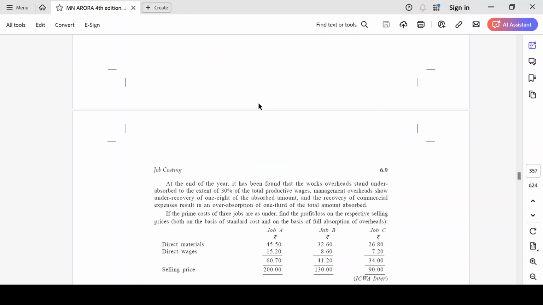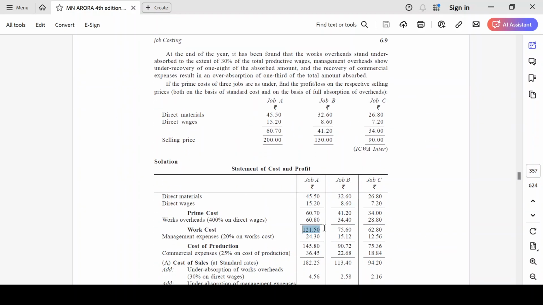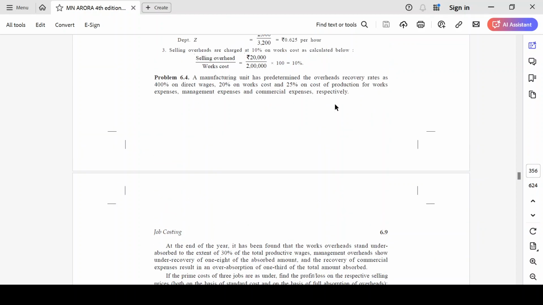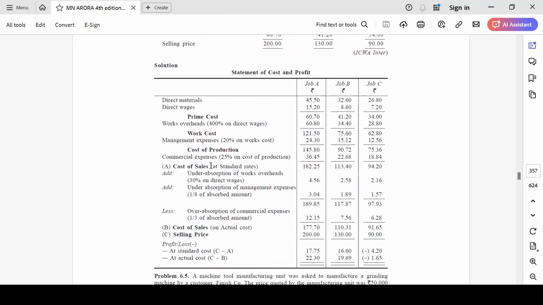Now for work cost, you will do 20% of that. 20% of this would be 24.30. Got it? You will get cost of production. Next, 25% on cost of production. Alright. So commercial expenses would be 25% on cost of production, 25% of 145. So you will basically get cost of sales at standard rates.